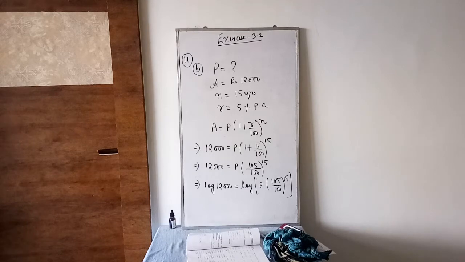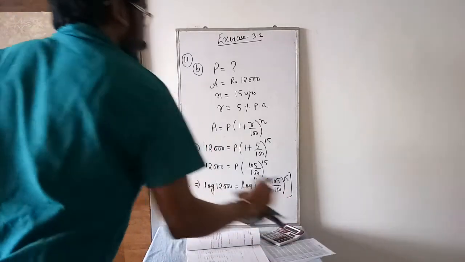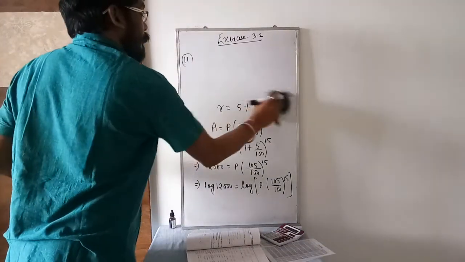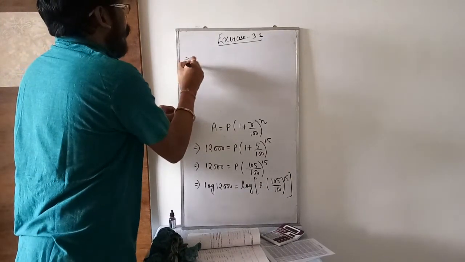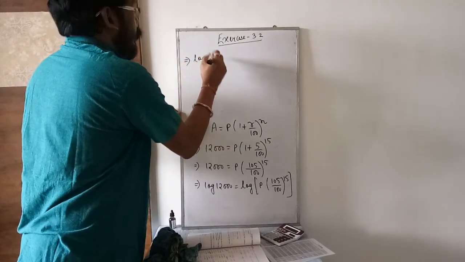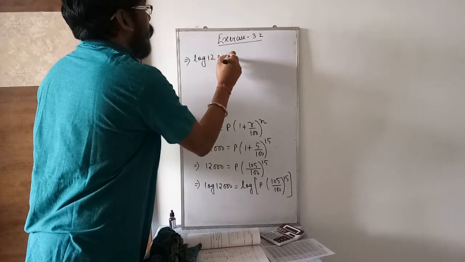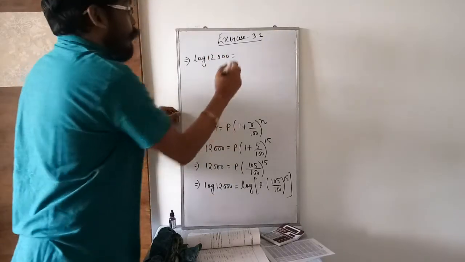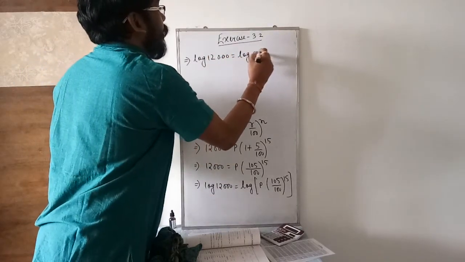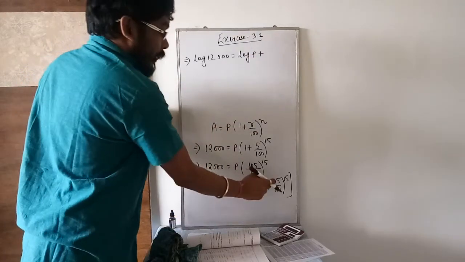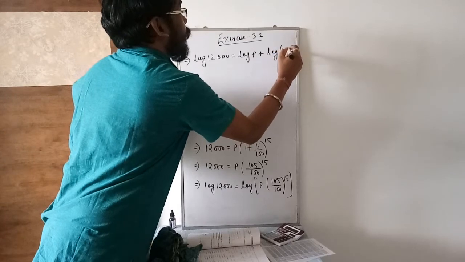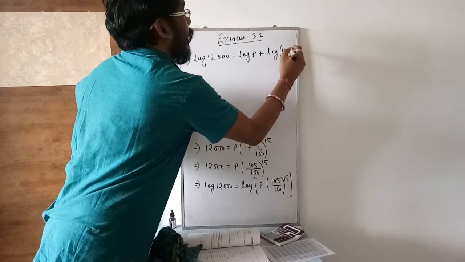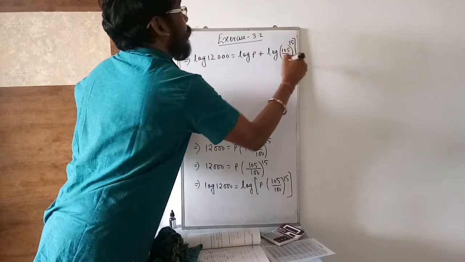Take the screenshot of this. Now I will use the values later. It is 12,000. Here the multiplication will become plus, so it is log P plus log of 105 by 100 whole to the power 15.